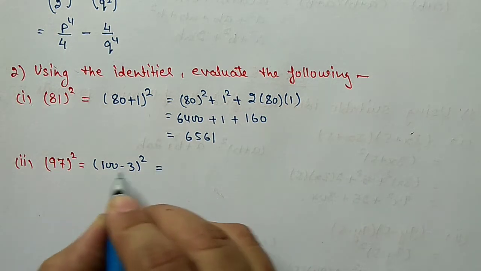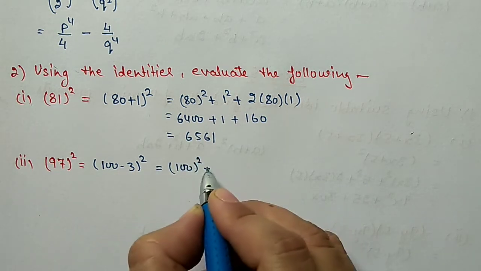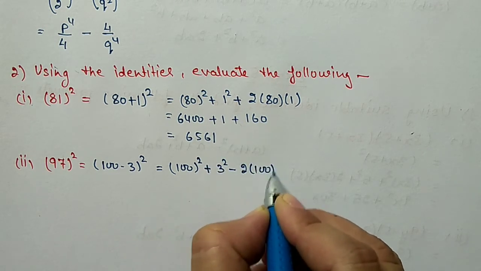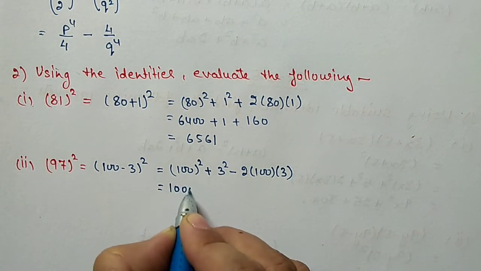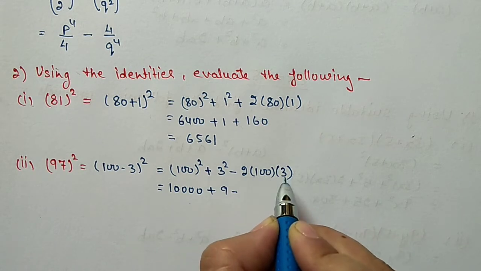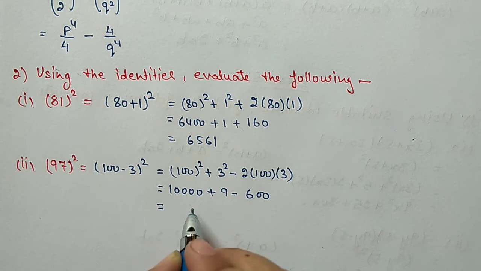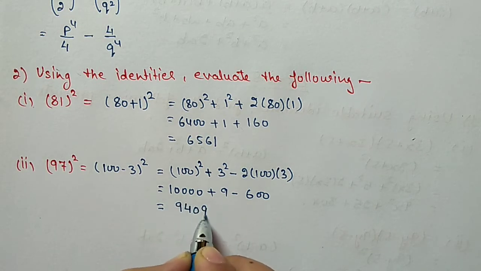So now the (a minus b) whole square formula I am using here: 100 square plus 3 square minus 2 into 100 into 3. 100 square is 10,000 plus 9 minus 2 into 100 into 3 will be 600. So after simplification we will get here 9409.